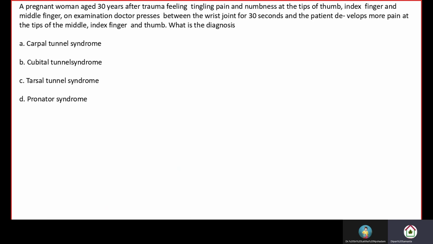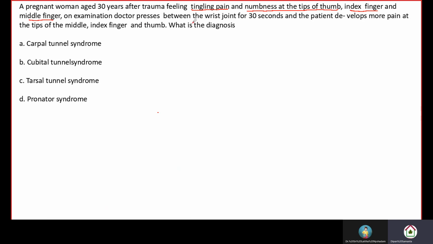Okay, next question. A pregnant woman aged 30 years, after trauma, feels tingling pain and numbness at the tips of the thumb, index finger, and middle finger.